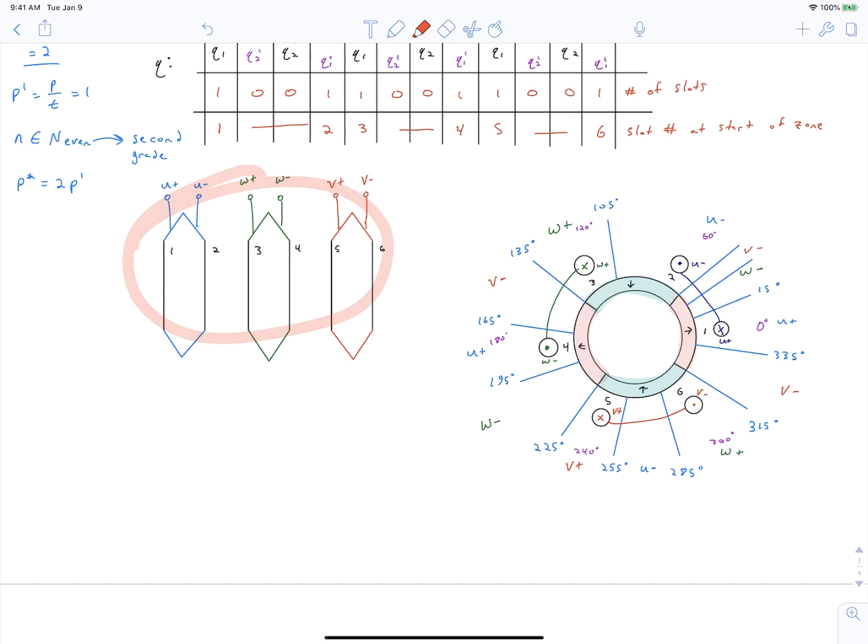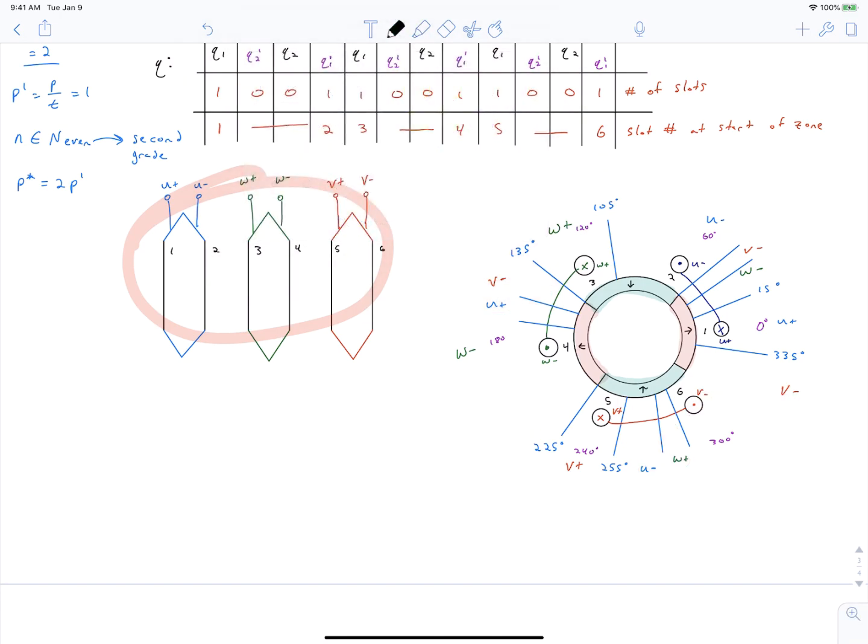But now again on the other side, we've shifted our phase zones over, where V minus and U plus are crammed into this region so that we can have our W minus phase zone shifted up over here. And then on the bottom as well, U minus and W plus are crammed into this area so that V minus is able to span this slot.